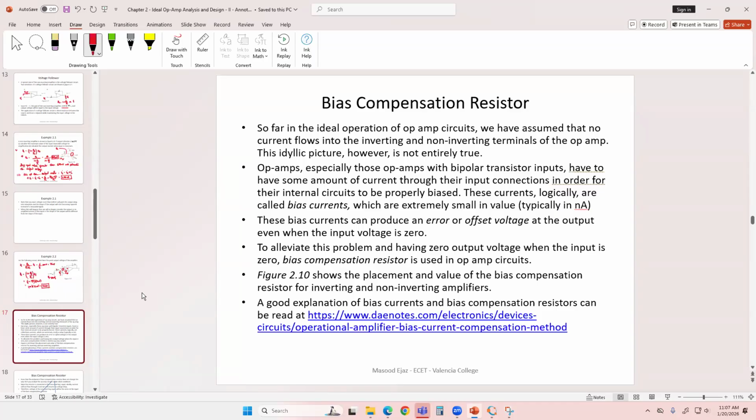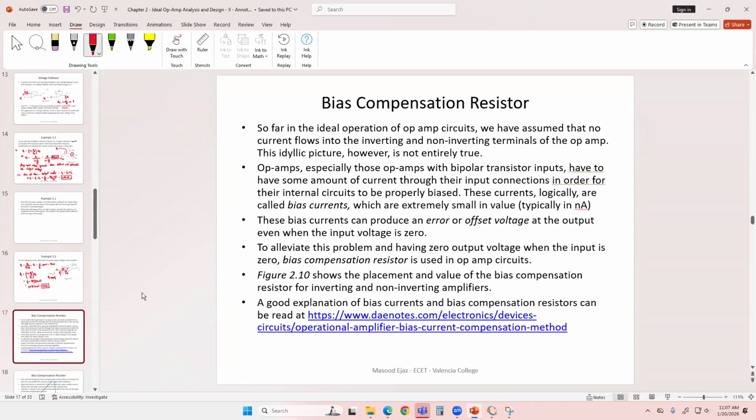So assume that you're not giving any input to the circuit. V input is 0, but when you measure the output voltage, you still see a very small output voltage. It's possible, and the reason for that is the biasing current.